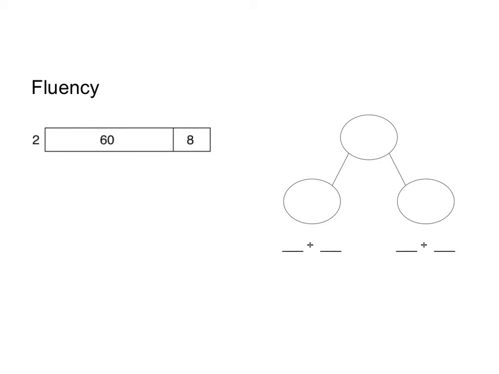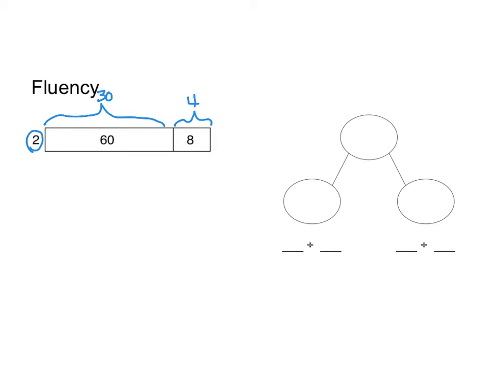So what we're looking at over here is that we have 2 as our width, and if we were trying to find the dimensions, we'd be trying to find how many times 2 times what equals 60? We know that 2 times 30 is equal to 60, and 2 times what is equal to 8?